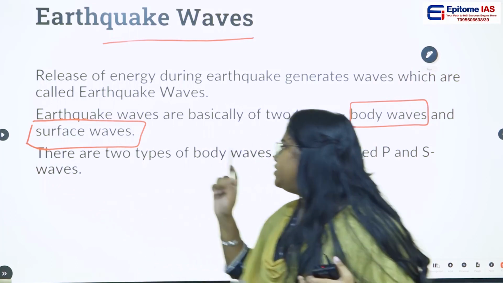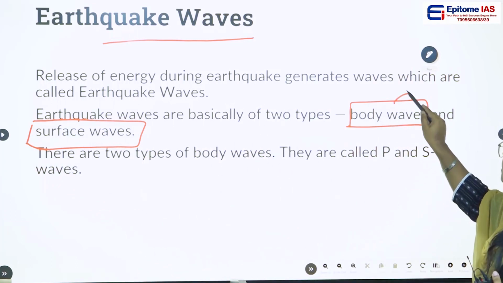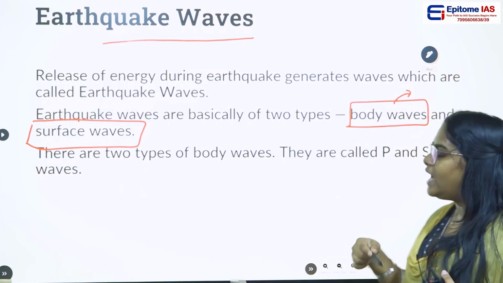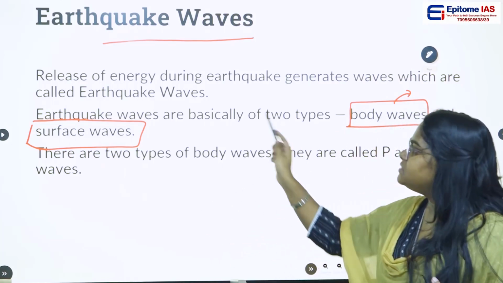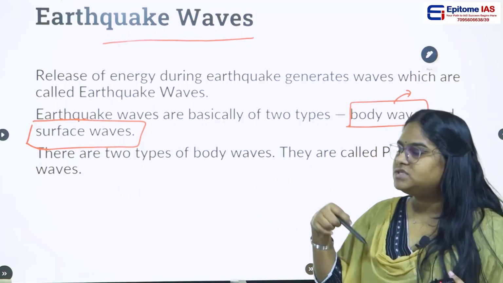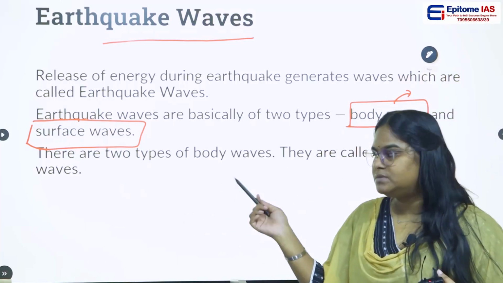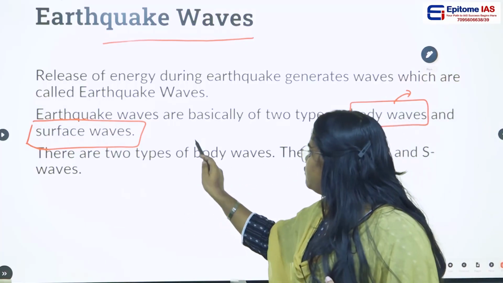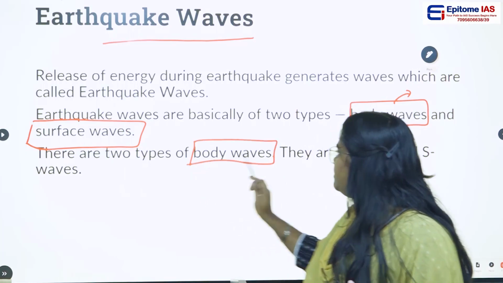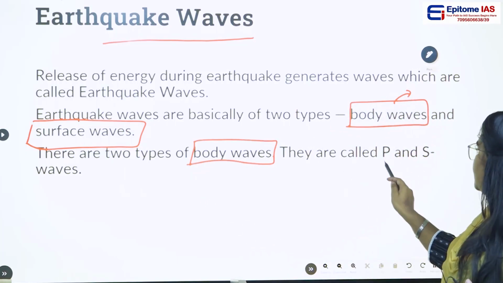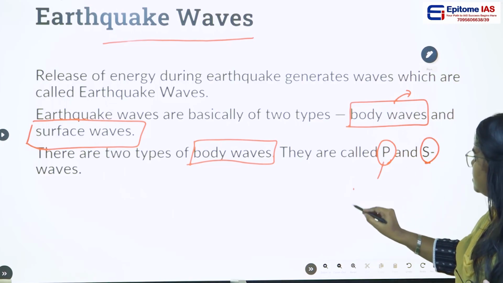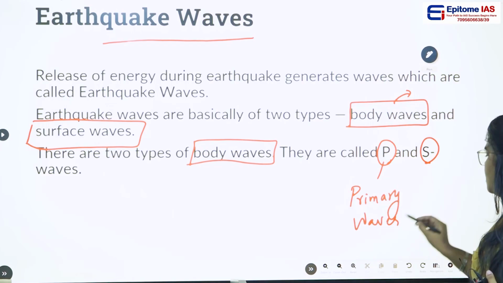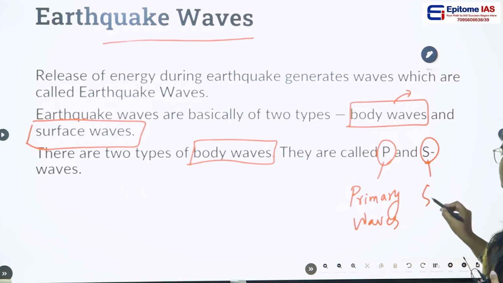As I already told you, body waves travel inside the body of the earth, and surface waves travel on the surface of the earth. Simple. In the body waves, we have two types, P waves and S waves. P waves are the primary waves and S waves are the secondary waves.